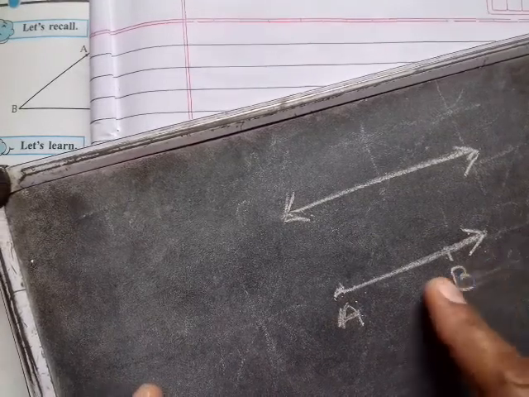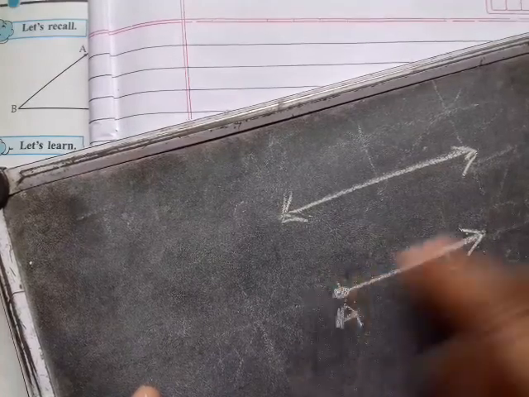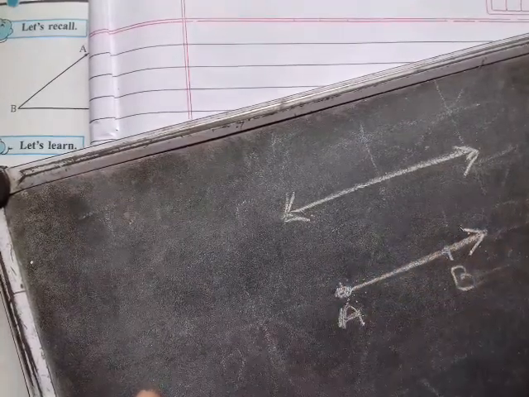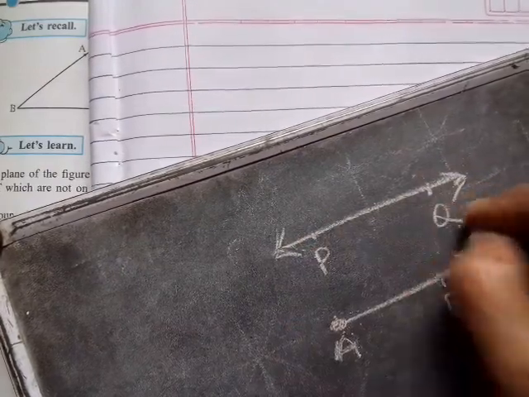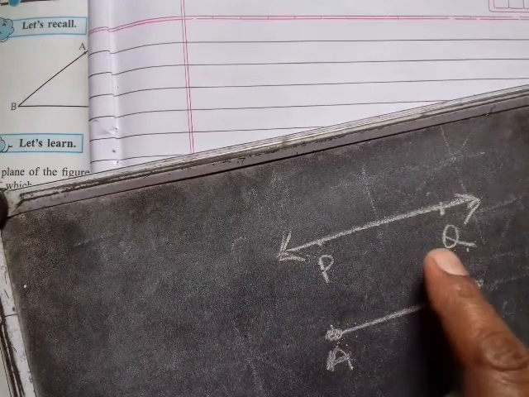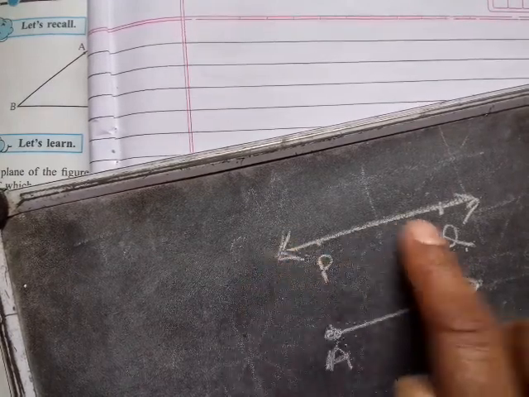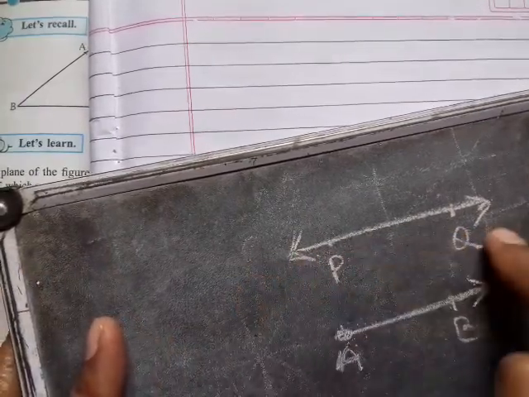We cannot read it as ray BA, because origin means the dot from where it started. But a line, suppose there are 2 points P and Q, you can read as line PQ, otherwise line QP, because it is extending on both sides, so you can read it in any direction.